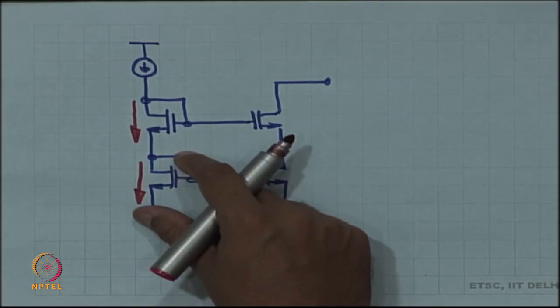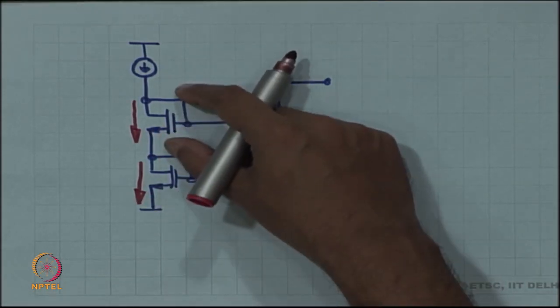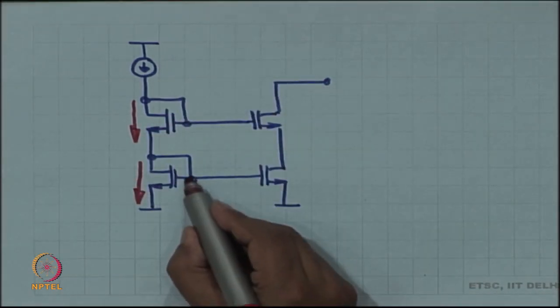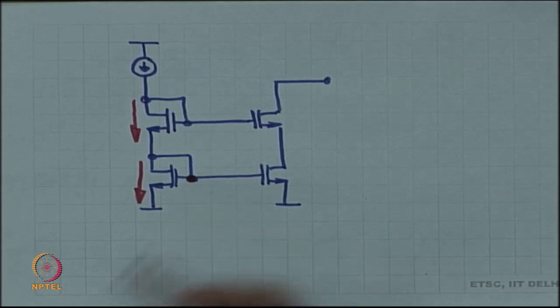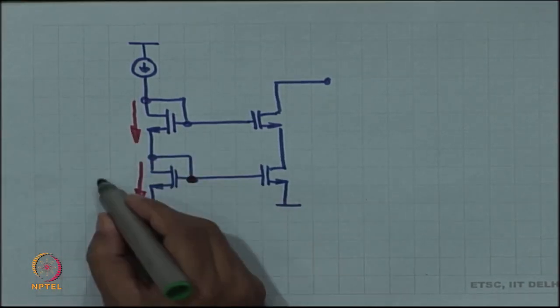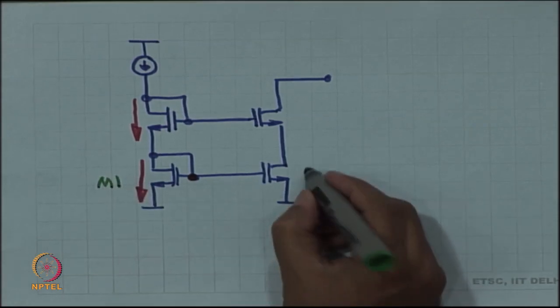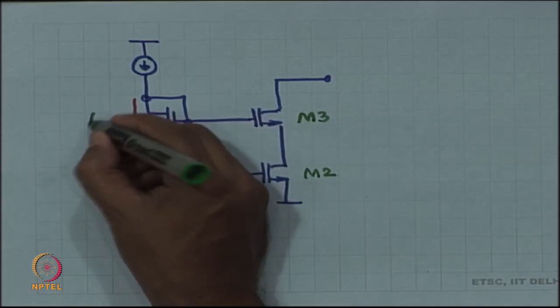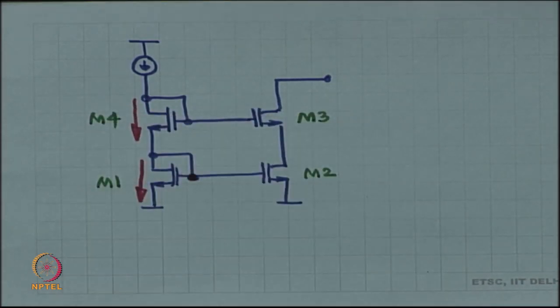This is a diode, this is yet another diode. So, I have got one diode, another diode. This voltage at, let us label the MOSFETs. Okay.